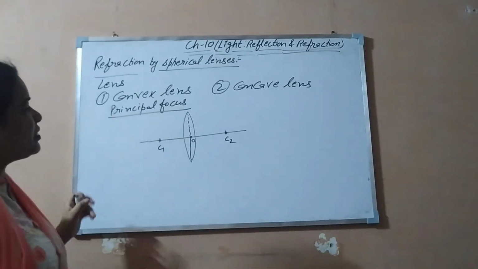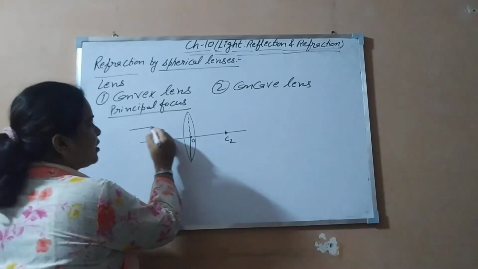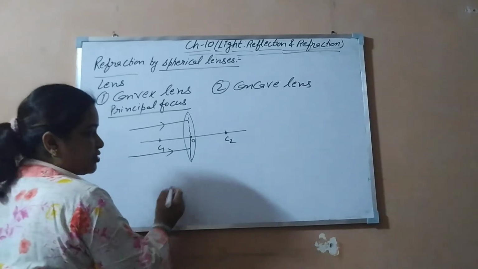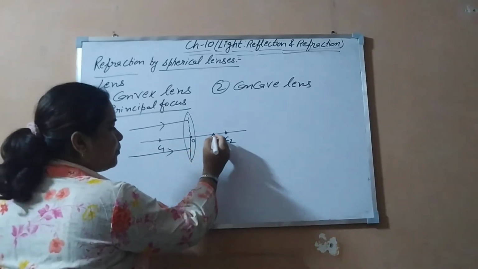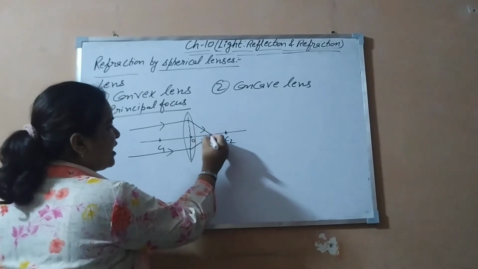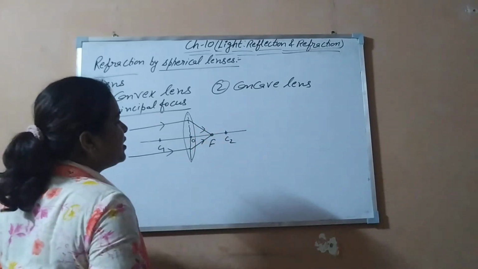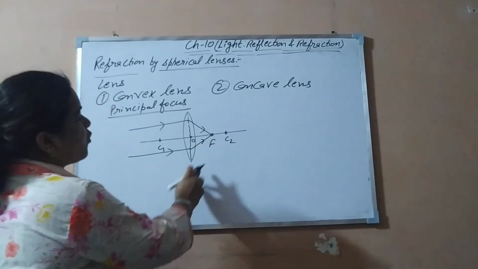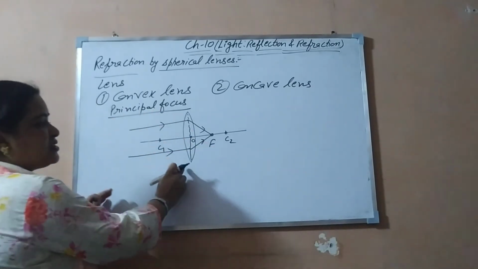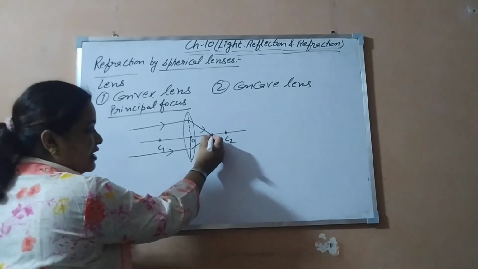Now let's do the next one. We were doing the principal focus. When a number of parallel rays converge to a point on the other side after refraction, that point is known as the principal focus of the lens. This is a convex lens, where they actually meet at a point.